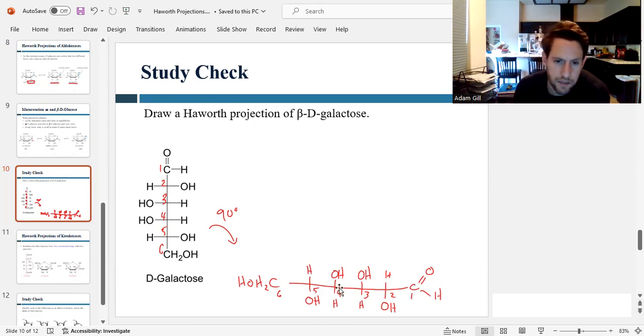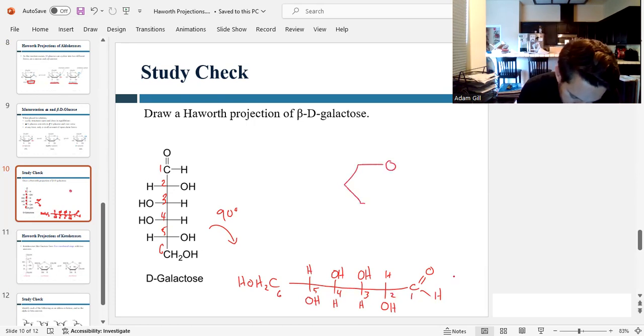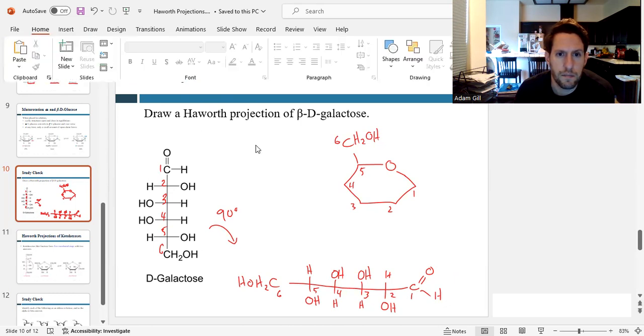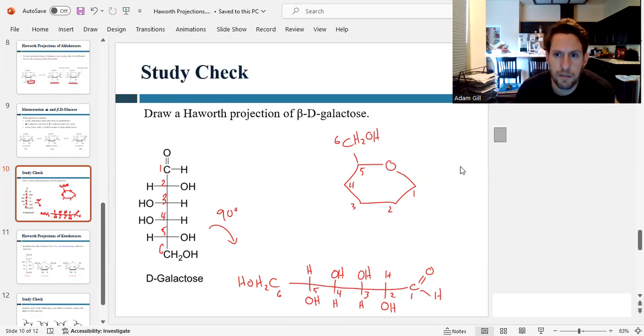Now, because there's 6 carbons and it's an aldose, we know right off the bat that it's going to have this core structure with carbon 6 pointed up, right? So 1, 2, 3, 4, 5, and 6. Now, let me copy this.